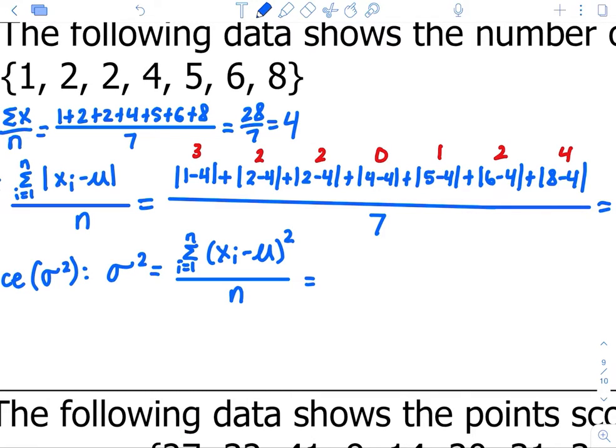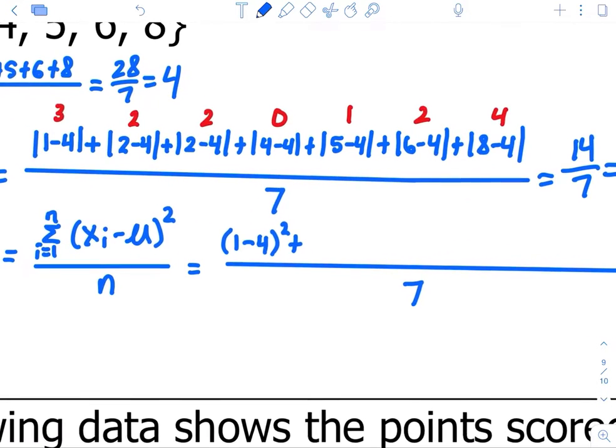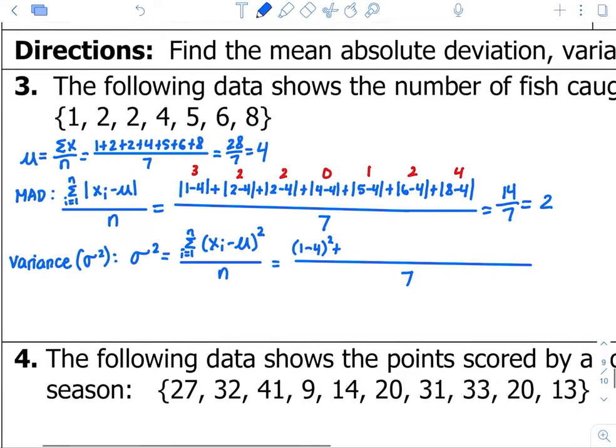All right, so if you substitute 1 into i, that's x1, right? So what is our first data point? It's 1. So 1 minus your mean 4 to the second. We're all going to put this over 7, right? Because there's 7 total. What is your second data value? It's 2. So 2 minus your mean squared.